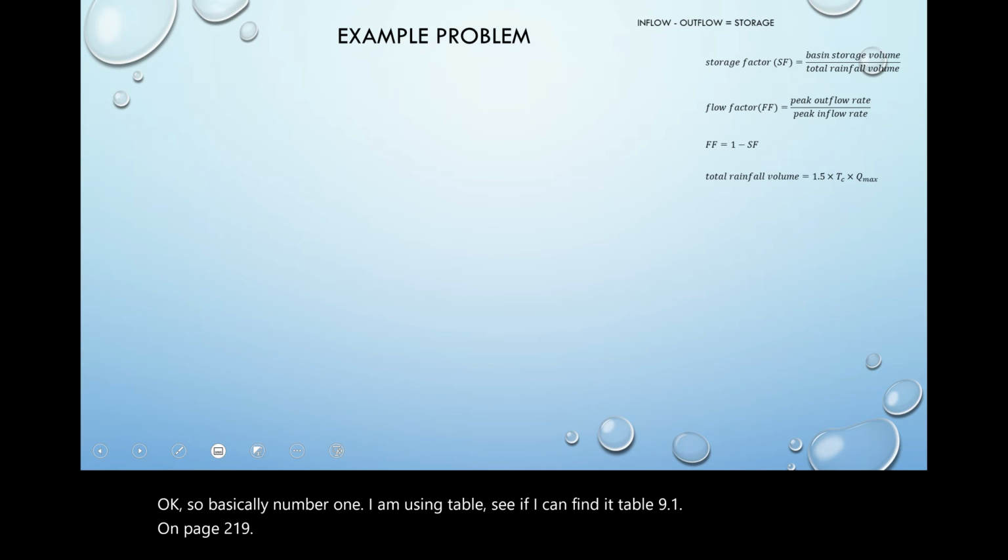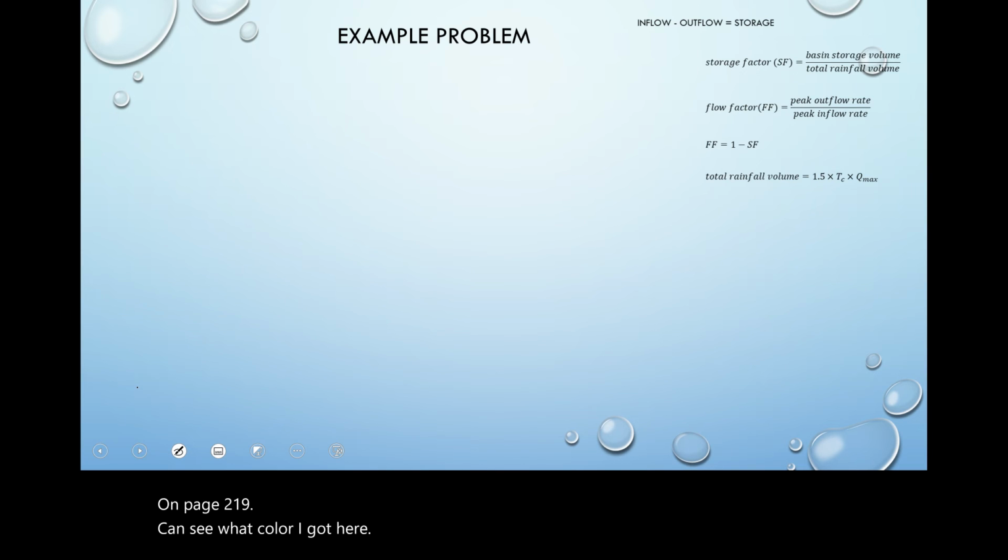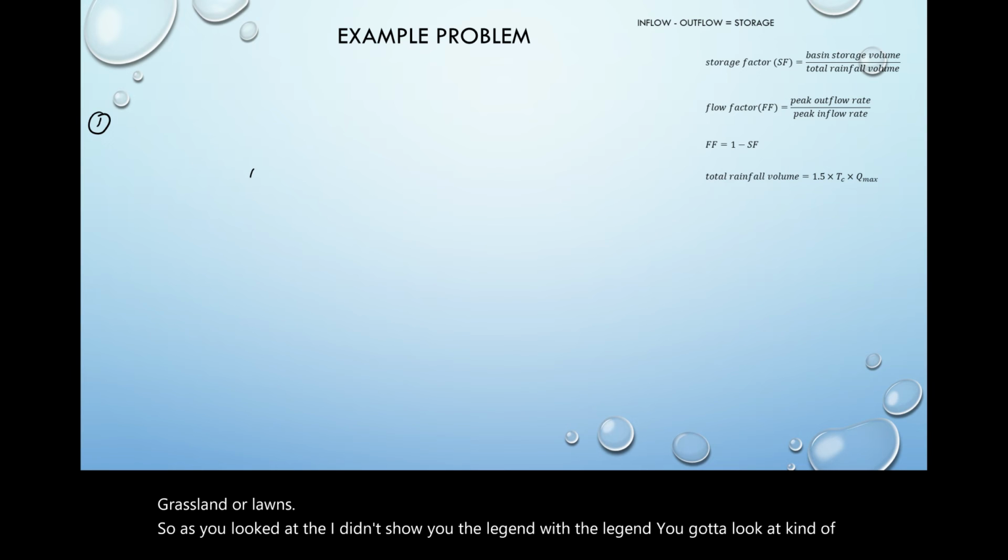So problem 1, pre-development is a green area. So it is grassland or lawns. As you looked at, I didn't show you the legend, but you've got to look at what material that is, grassland or lawns.